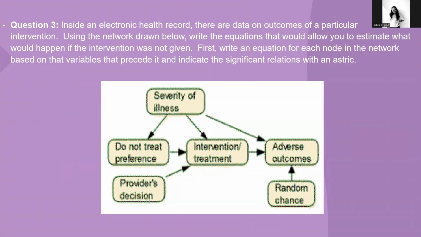Inside an electronic record, there are data on outcomes of a particular intervention. Using the network drawn below, write the equations that would allow you to estimate what would happen if the intervention was not given. First, write an equation for each node in the network based on the variables that precede it and indicate the significant relations with an asterisk.